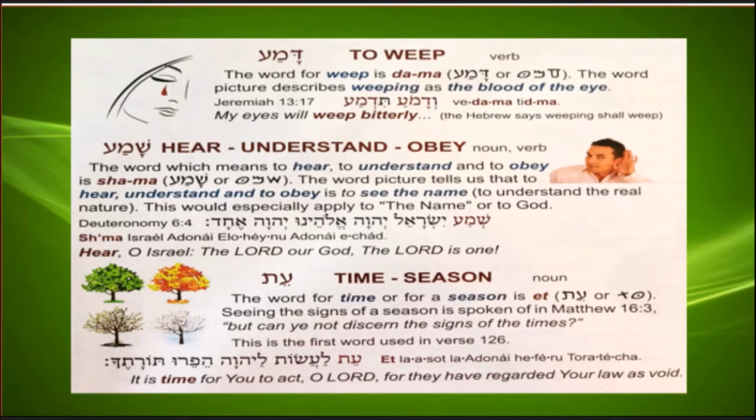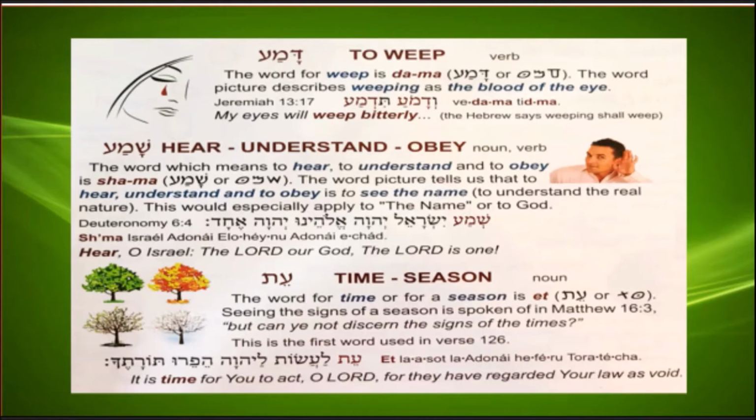This would especially apply to the name of our Elohim. Deuteronomy chapter 6, verse 4. Hear, O Israel, Yahweh our Elohim is one Yahweh. Okay, right here. Hear, O Israel. Shema Israel Adonai Eloheinu Yahweh Echad. Is it how it's said in the Hebrew?